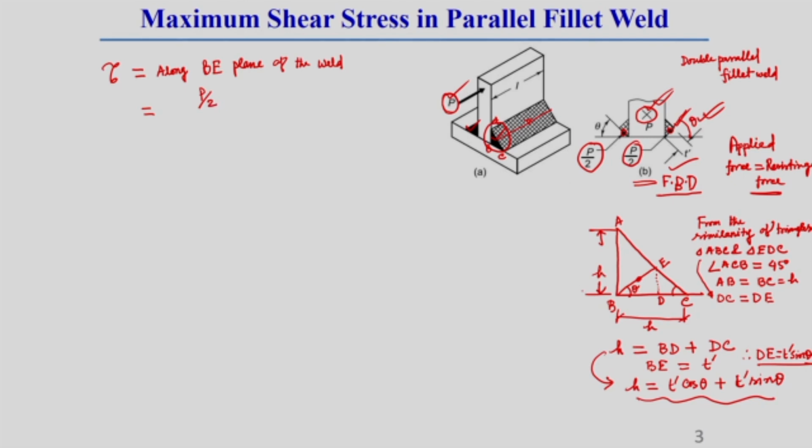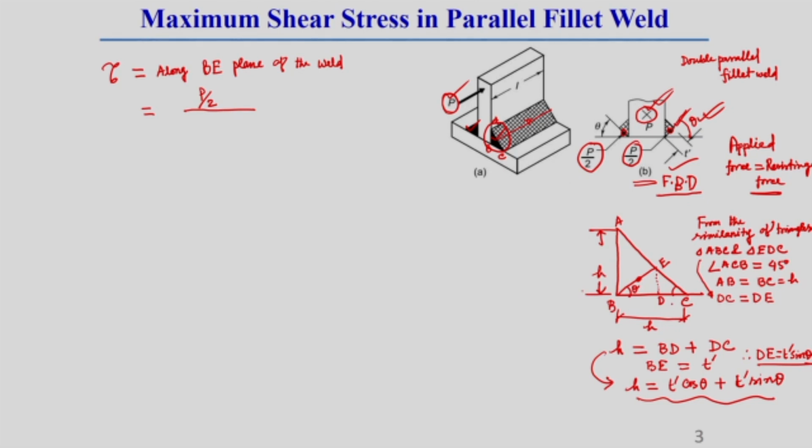From this free body diagram of B, we can say in one weld, if the external force is P, then in one weld there will be P by 2 force, because there are two welds we consider, that is why here it will be P by 2 force. So, the shear stress on this weld will be P by 2 divided by the cross sectional area of this plane, which makes an angle theta with this horizontal axis.